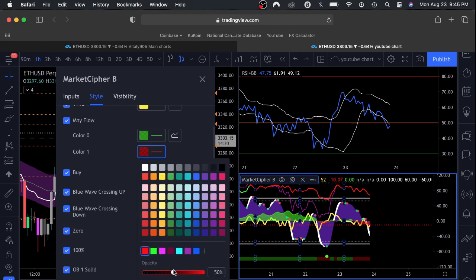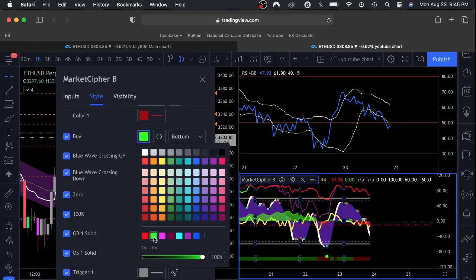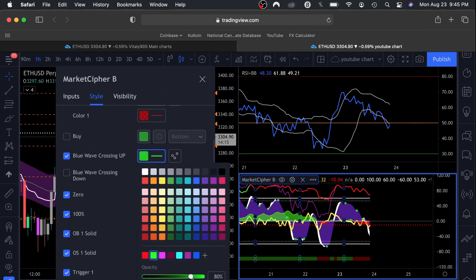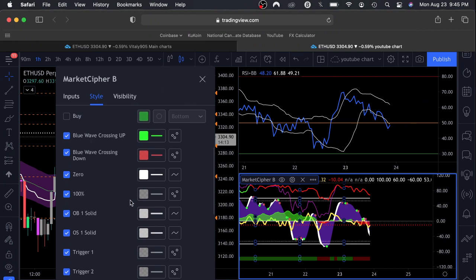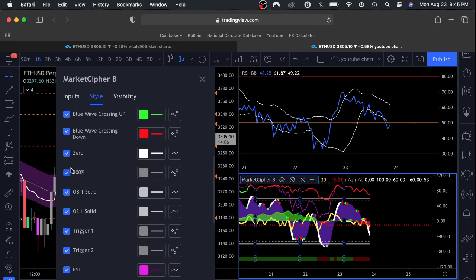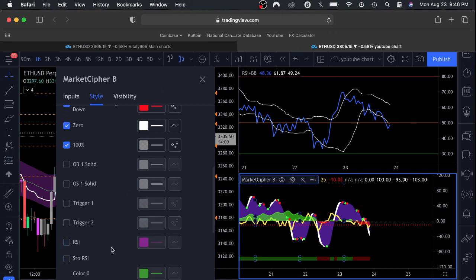I want this to be bright red. I'll turn that one off, and then I'll have this one bright green, and this one bright red. Then I'll turn all this stuff off. Turn the RSI and Stoch RSI off.